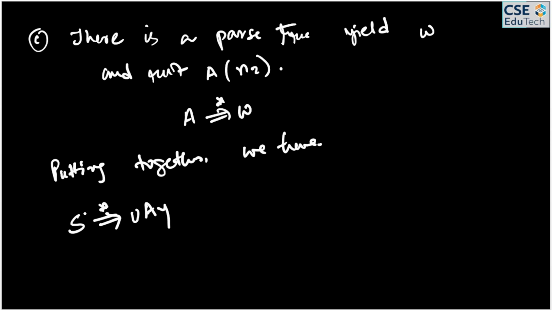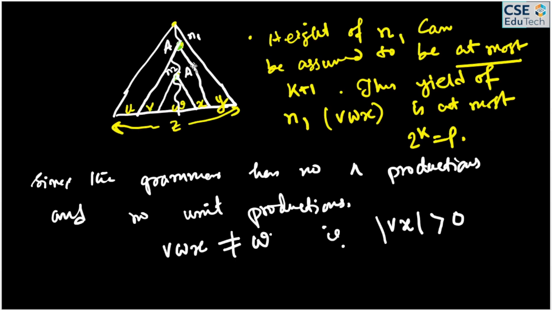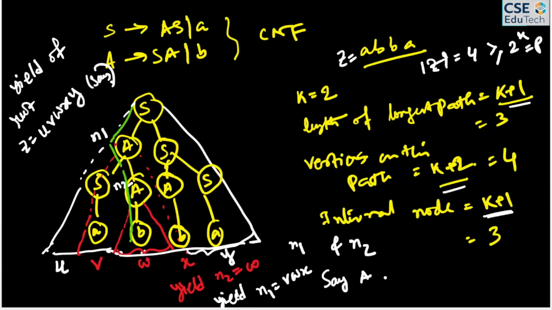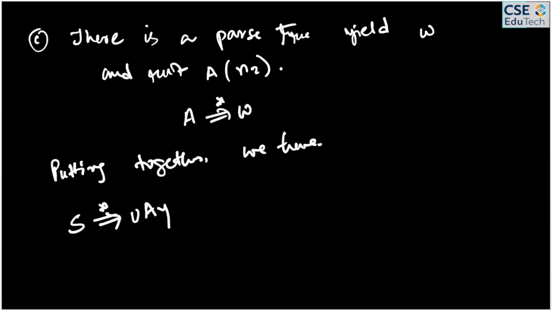Here S is the root, and we have not expanded this n1. Now after a few steps, considering A as the root, there will be u, then vAx, and y.